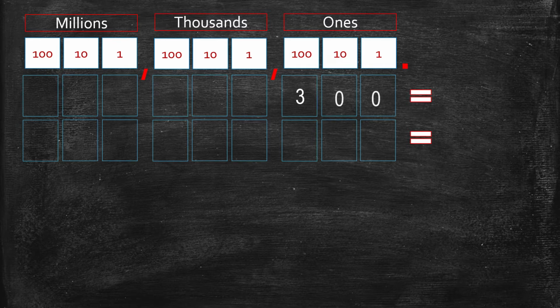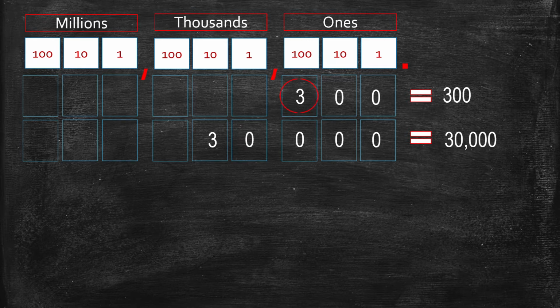Here we have 3 in the hundred spot, giving us 300. But we have a 3 in the 10,000 spot, giving us 30,000. So we're going to compare the 3s. So the 3 in the 100 spot and the 3 in the 10,000 spot. Well, this time, it's 2 place values over.